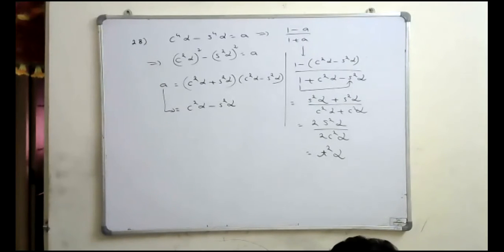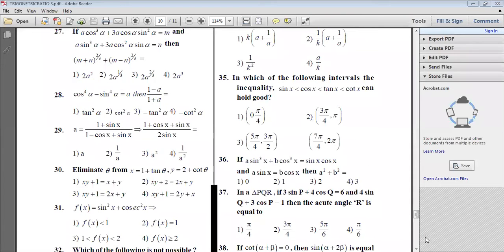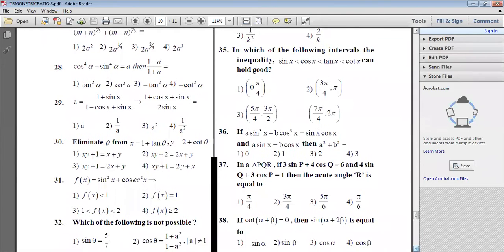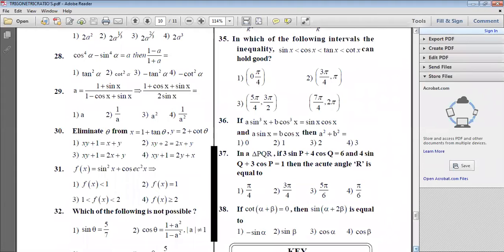Next, look at the next problem. So this is problem number 29. First option is correct. Just substitute that a is equal to 1 plus sin x upon 1 minus cos x plus sin x.